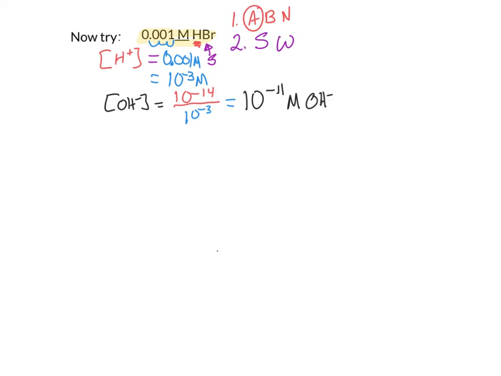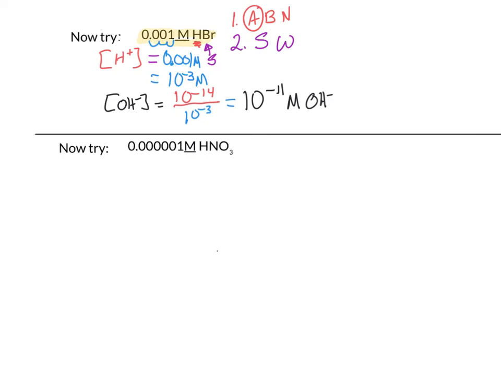Let's try one more. So let's try 0.00001 molar HNO3. So step 1, acid, base, or neutral. We see that we start with H, so this is an acid. That means that we know hydrogen ion directly. Next we have step 2, strong or weak.